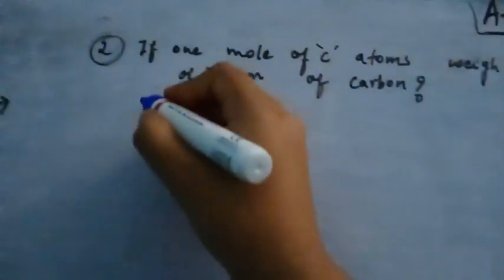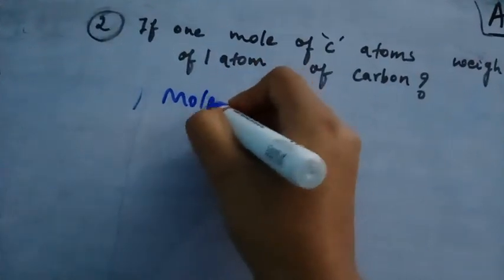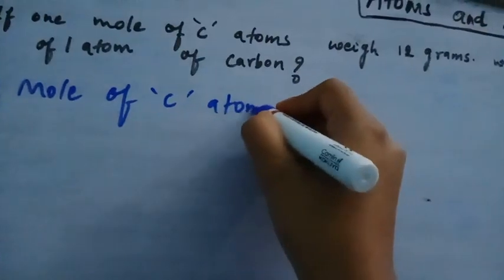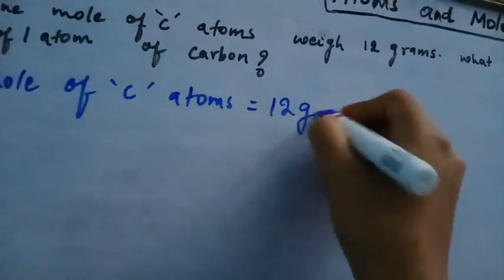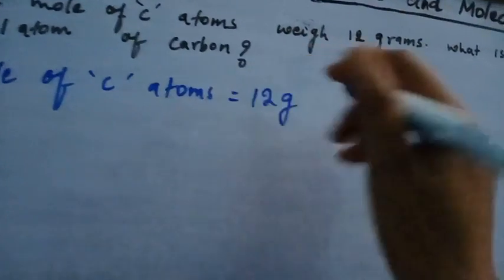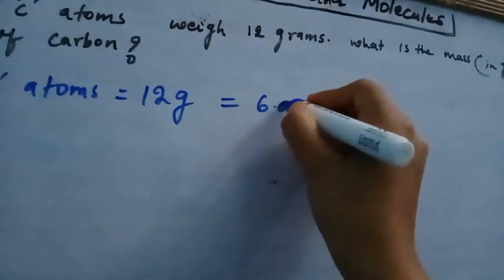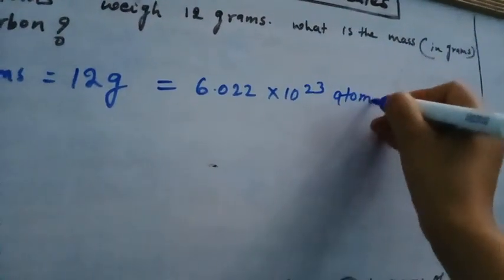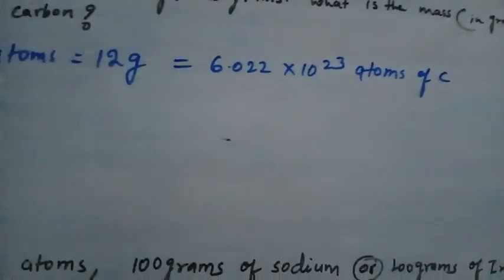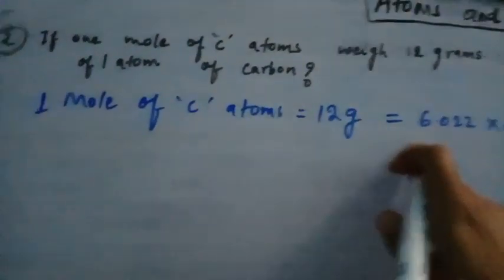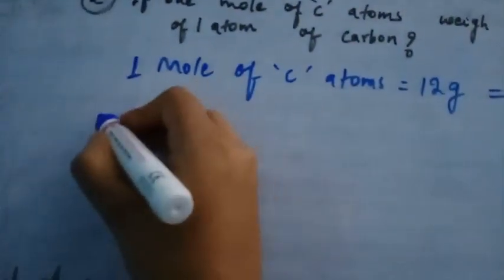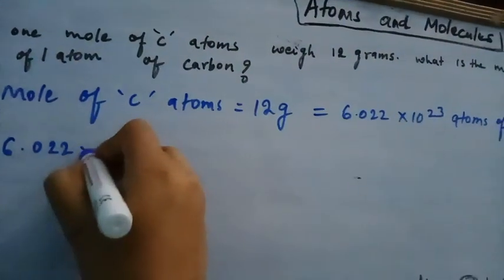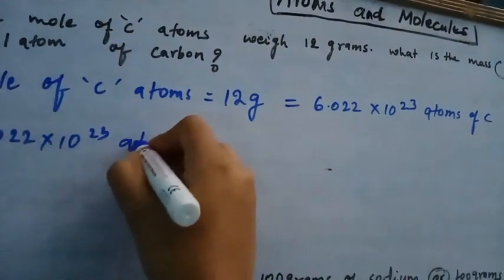You know that 1 mole of carbon atoms is equal to 12 grams, and you also know that 1 mole of carbon atoms means 6.022 into 10 to the power 23 atoms of carbon.